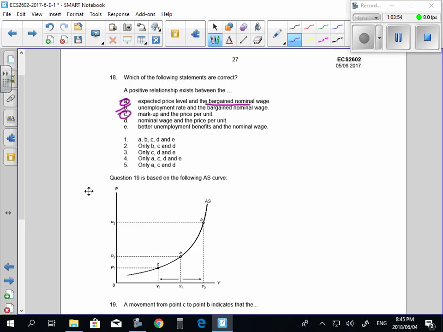Markup and price, remember, price is just equal to markup over cost, wages. So the higher the markup, the higher the price. Nominal wage and price per unit, like we said, price is just the markup over the nominal wage. Better unemployment benefits and the nominal wage. It increases the bargaining power of labor and they can bargain for higher nominal wages. So it is number 4.